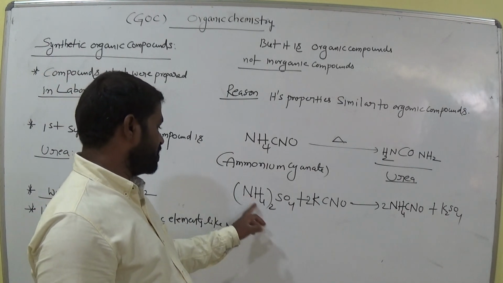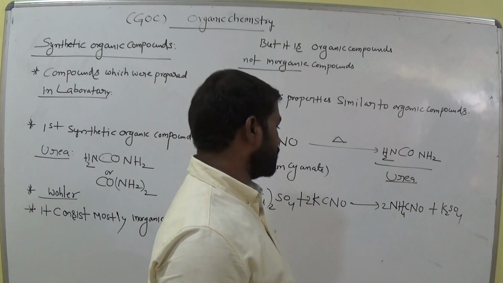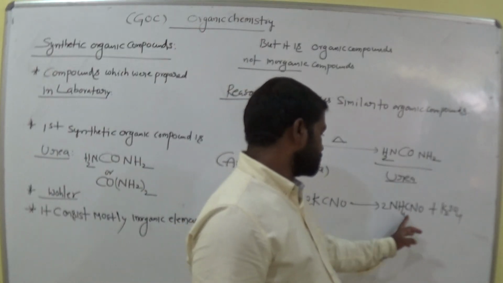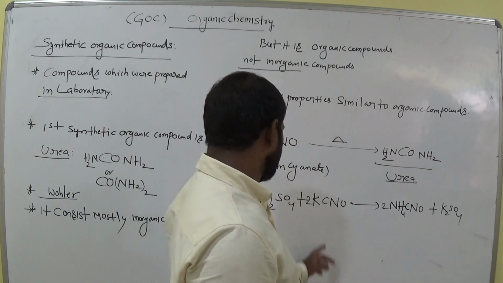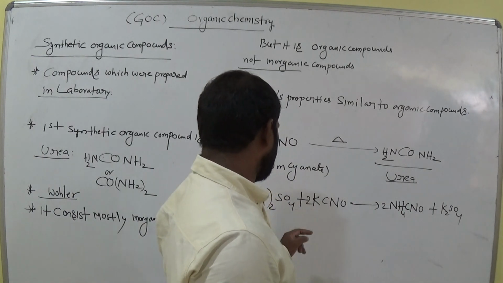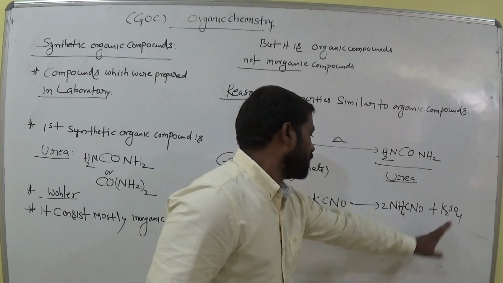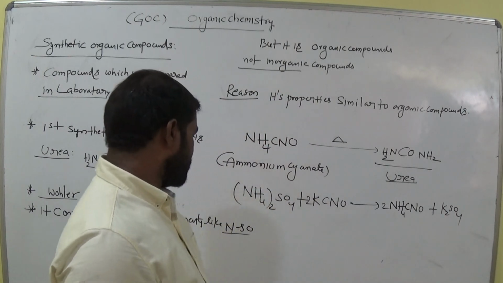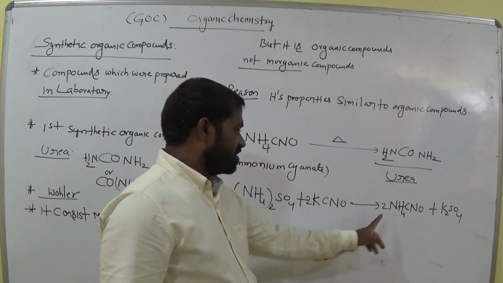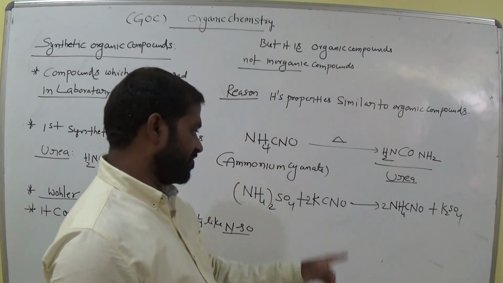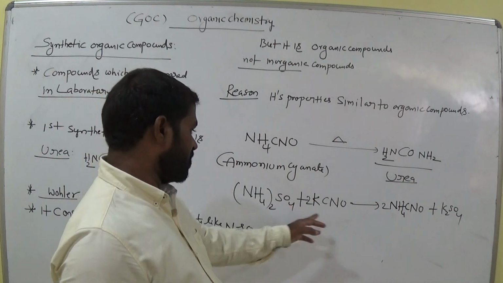Here we have 2 nitrogens, here 2 plus 2, 4. Here 2 carbons, and here we have 2 carbons. How many potassiums? 2 potassiums, and here we have 2 potassiums. Sulfur is 1. Hydrogens: 2, 4, 8. Oxygen: 4 plus 2, 6, and here 4 plus 2, 6.